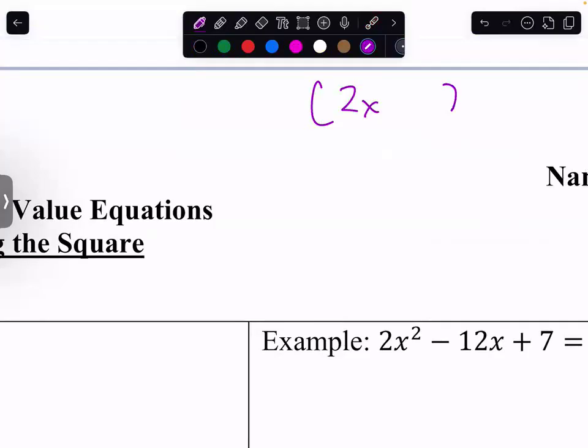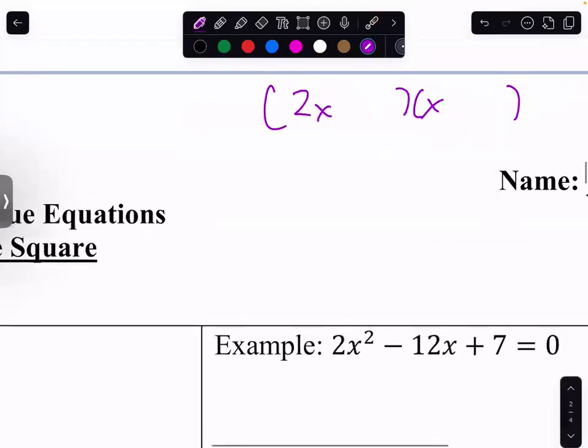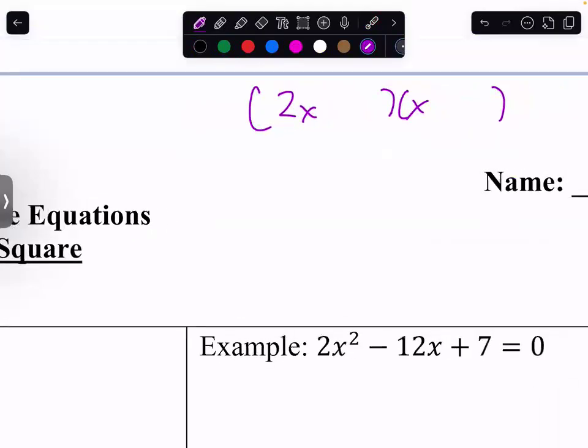2x squared would have to be 2x times x, plus 7 at the end. They would have to be 2 minus signs. If you try 7 here and 1 here, it doesn't work. You get minus 9x in the middle.